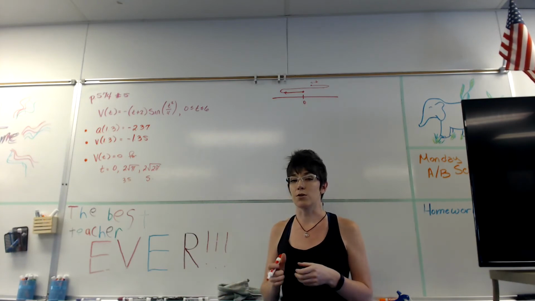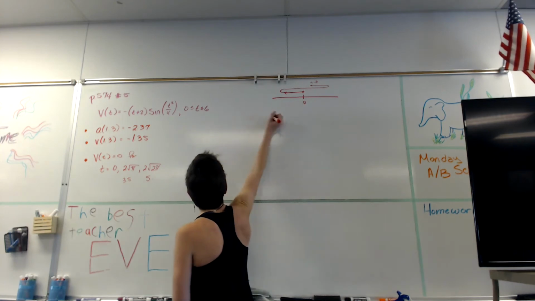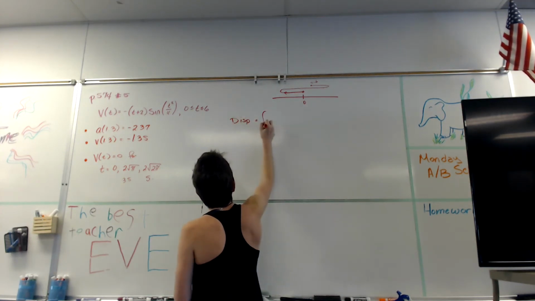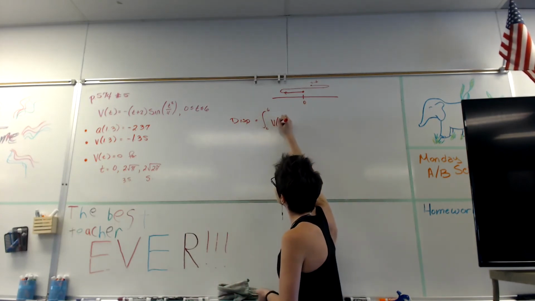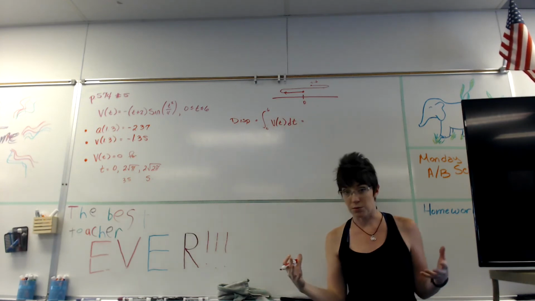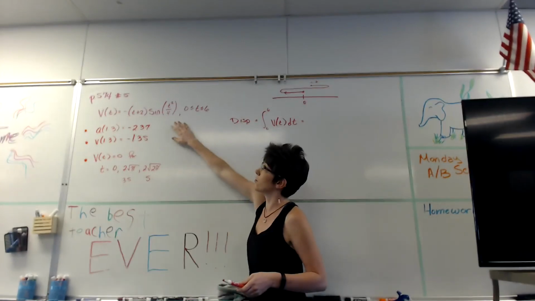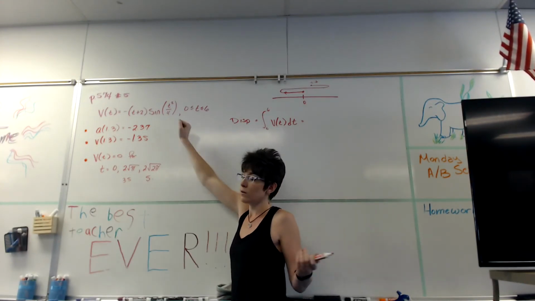You can do an integral on your calculator or using Wolfram Alpha. But your displacement is just going to be from 0 to 6 of your velocity function. Obviously, please write the velocity function in. You're going to have to enter this little guy into whatever technology you use.